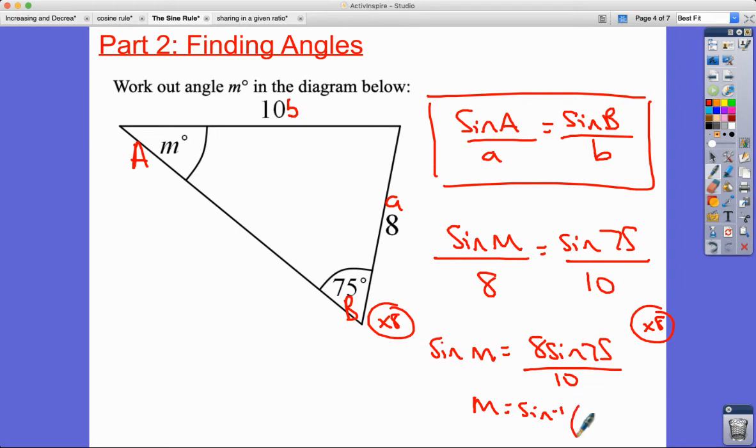So I always use my answer button. So 8 sine 75 divided by 10, and then I'm going to inverse sine the answer. And I get an answer of 50.6 degrees. And usually 50.6 degrees is one decimal place, isn't it, for angles?